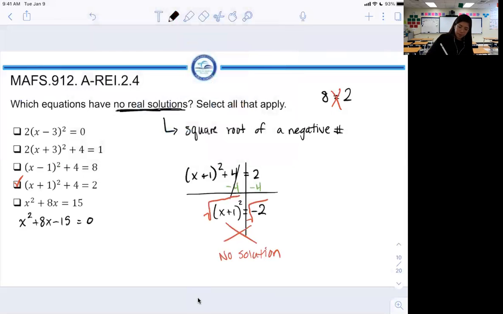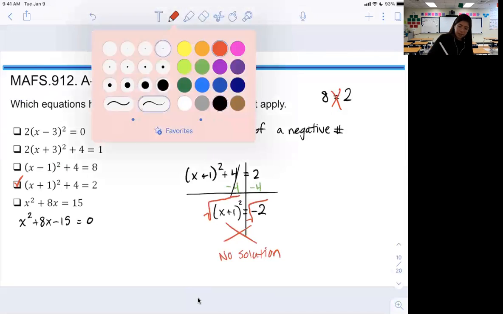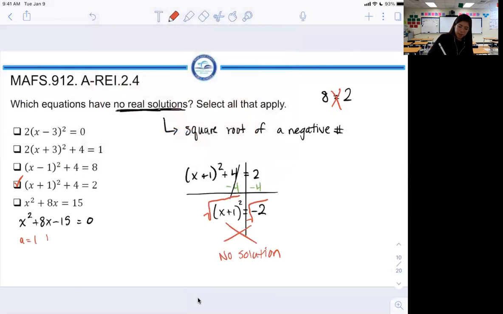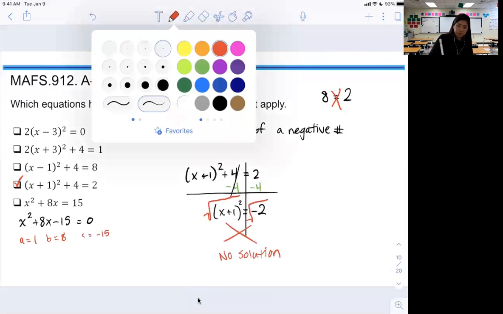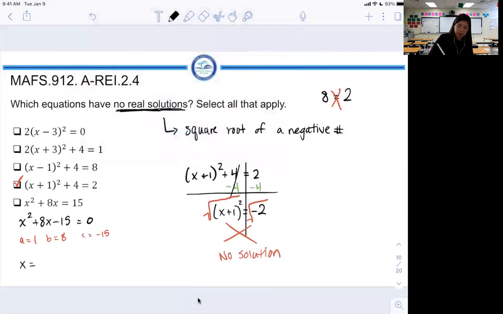Yeah. Sure. Okay. So I know A is 1, B is 8, C is negative 15. X equals negative 8 plus or minus the square root of 8 squared minus 4 times 1 times negative 15, all over 2 times 1.